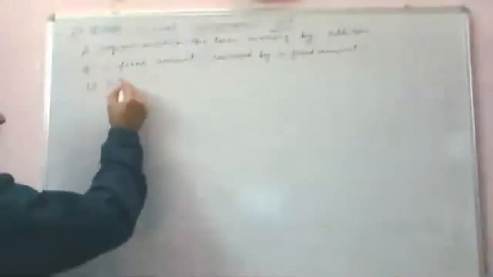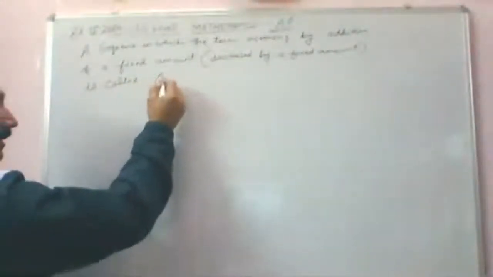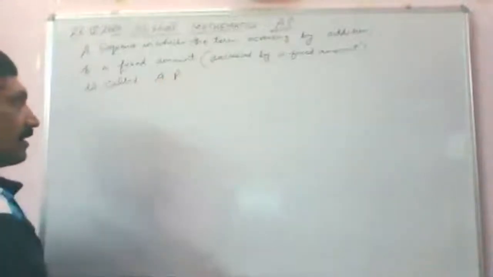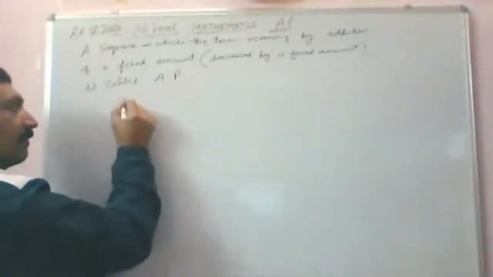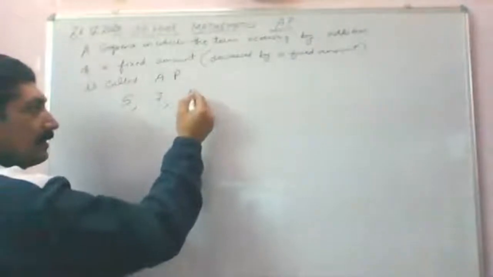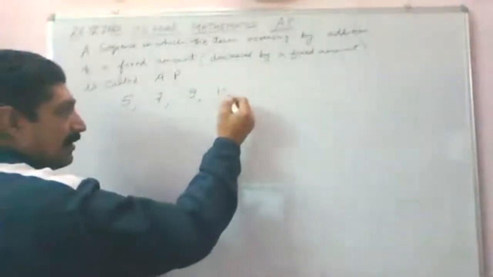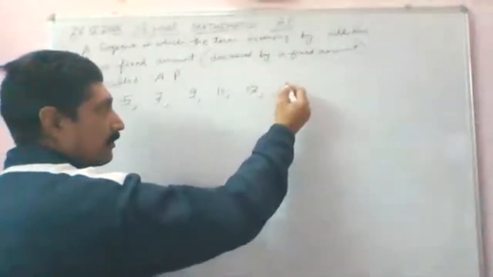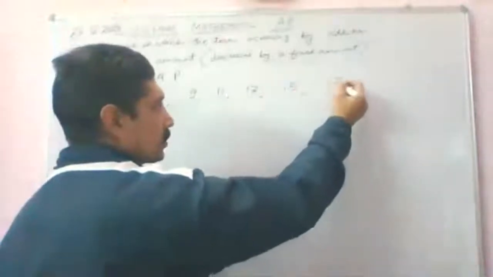This is called an arithmetic progression. For example, here if we start 5, 7, 9, 11, 13, 15, 17, and so on, right?